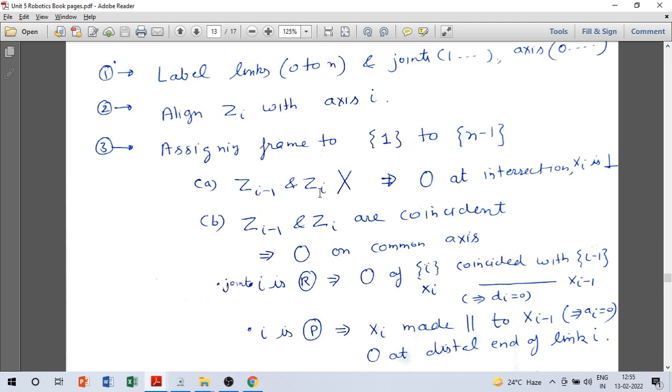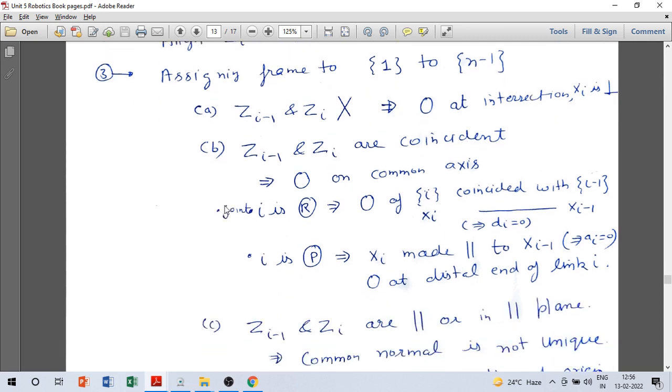There is nothing special about it, because x_i is perpendicular to both z_i and z_{i-1}, and if they intersect, then the perpendicular will start from the point of intersection. So that is one scenario.